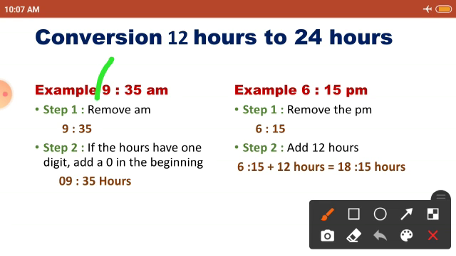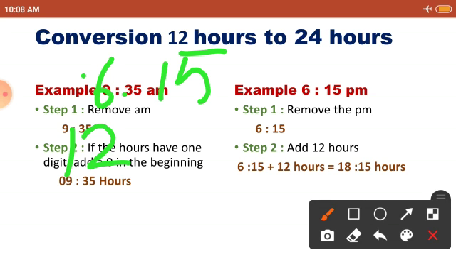You have 6:15, and we are going to add 12 hours, or 12, with it. When you are adding 12, you have to write that in the hours place. So this is the hours place. That's why we are writing 12 here. And what about the minutes place? Here you don't have anything. So simply put 0 for this.